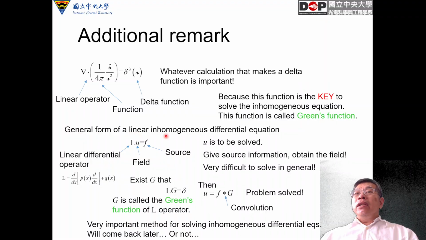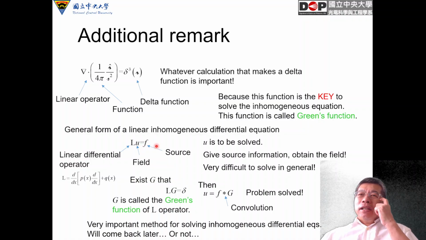The general form of a linear inhomogeneous equation looks like this. You have a linear differential operator acting on a field u equal to the source. In other words, the source will generate what kind of field. If I have a field, I simply take the linear differential operator and I get the source.